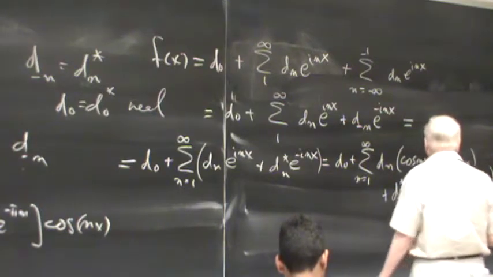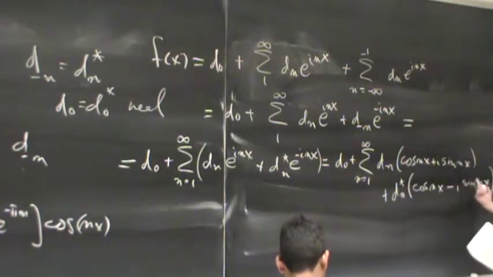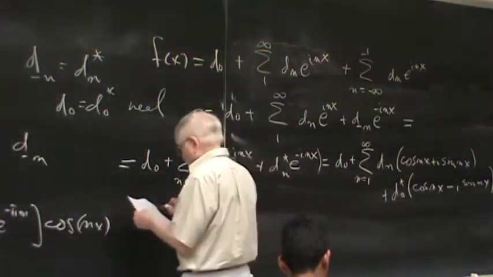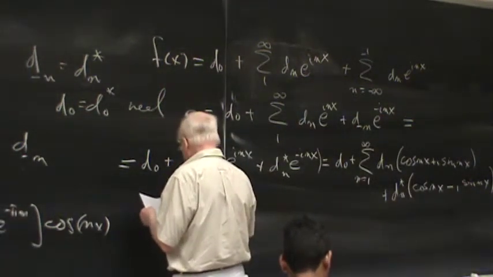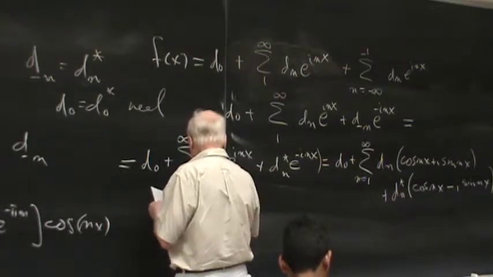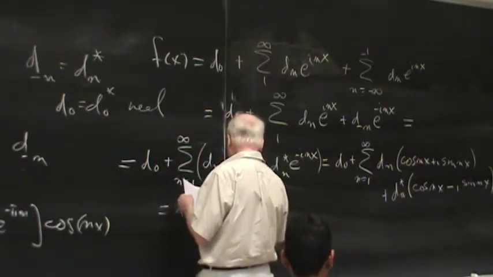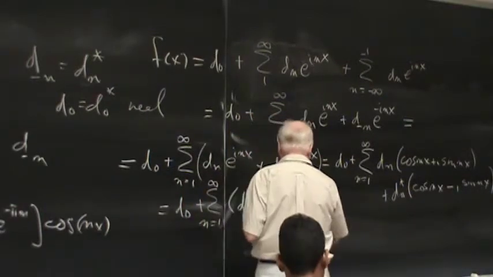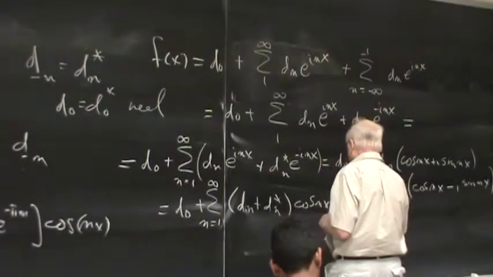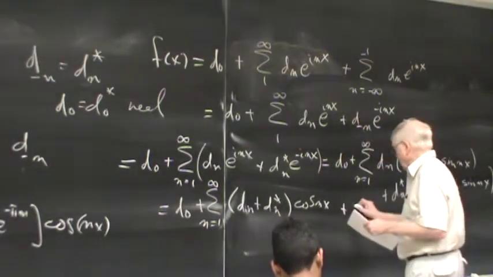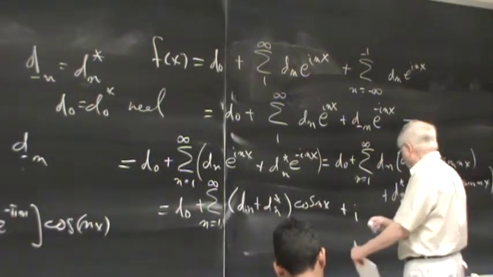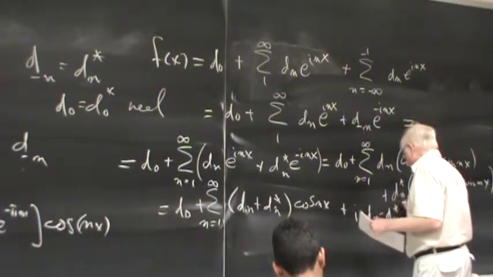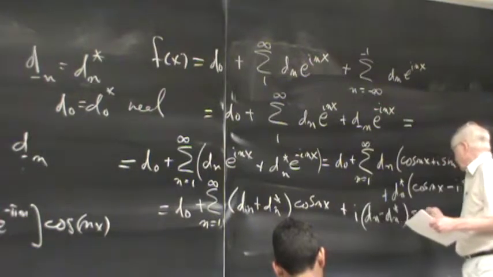Now, if we combine the cosine terms and the sine terms, what we get is d0 plus the sum n equals 1 to infinity of dn plus dn star times cos nx, plus i times dn minus dn star times sine nx.